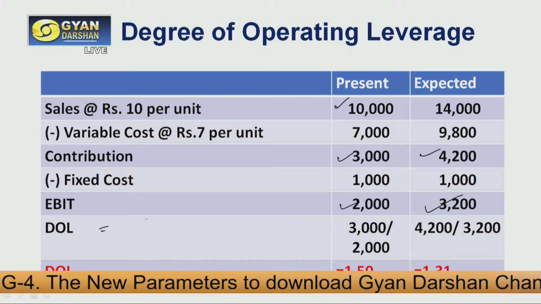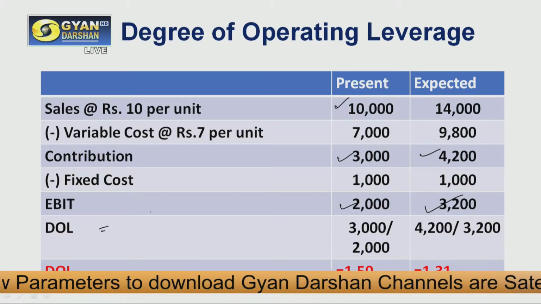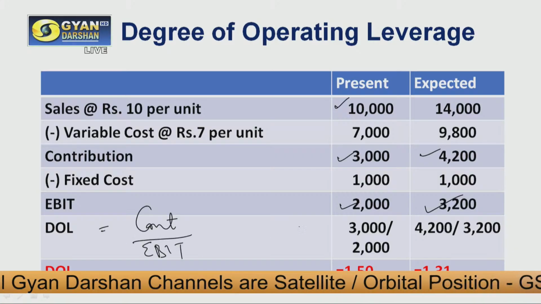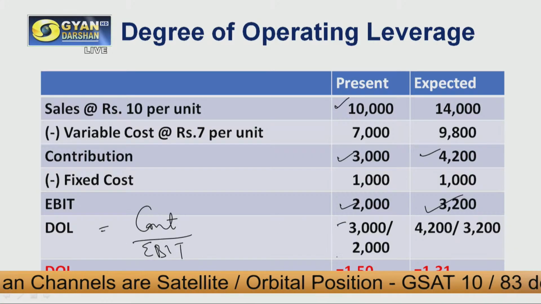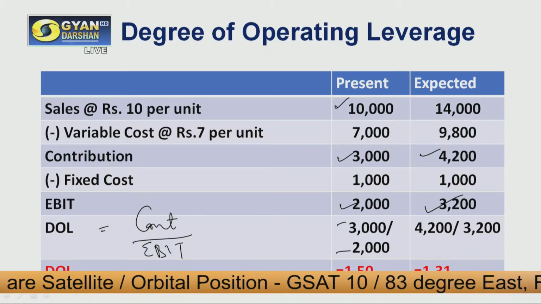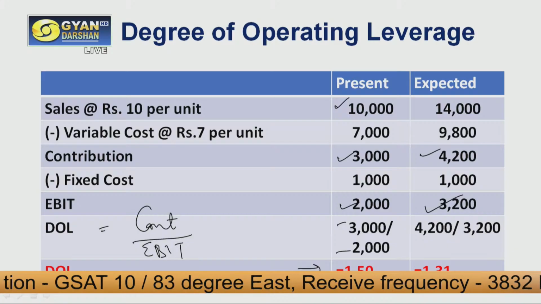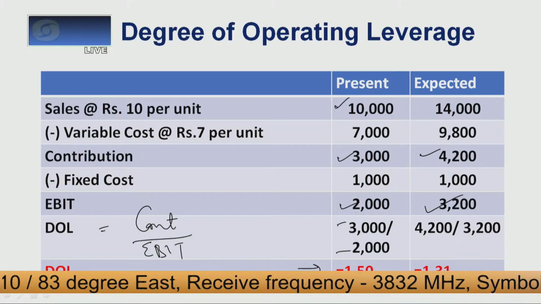So degree of operating leverage, the other formula we just now learned, is contribution divided by EBIT. So contribution in first case is 3,000 divided by EBIT, that is 2,000. And see, the value is the same. In this case also, our degree of operating leverage is 1.5.